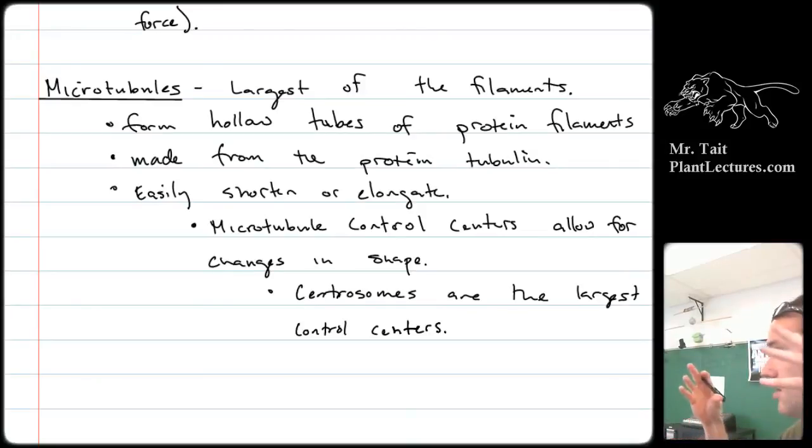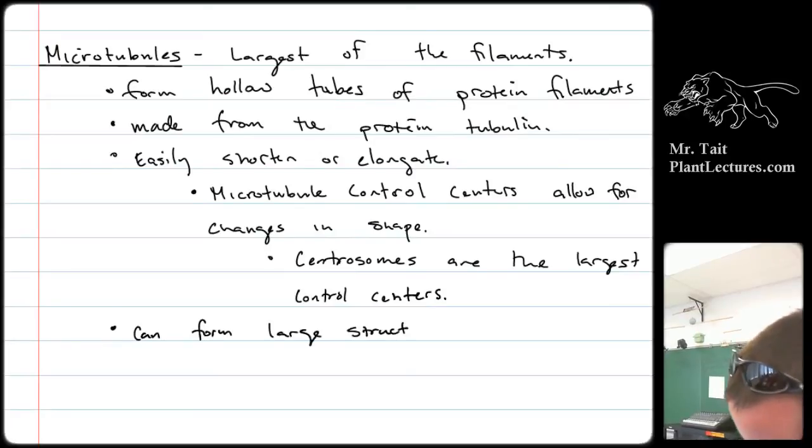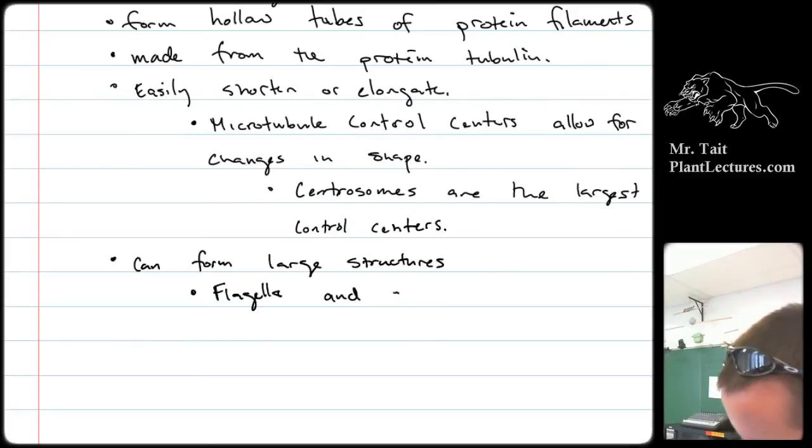So instead of just one or two microtubules clumped together, you can have a whole bunch of microtubules clumped together into a much larger structure, okay? We'll say they can form large structures. Those large structures are things like flagella and cilia.